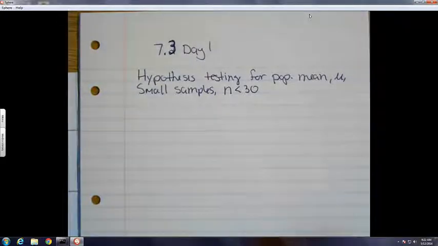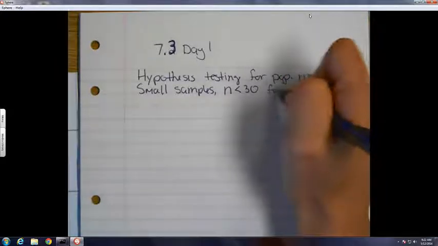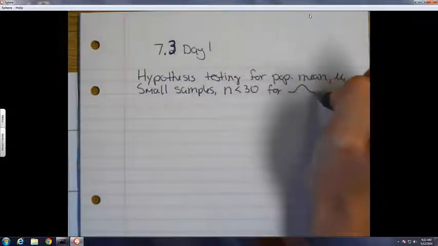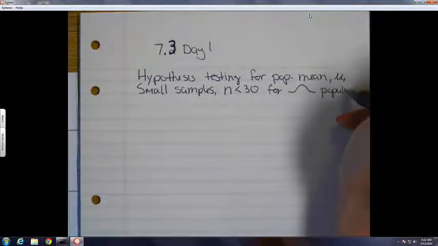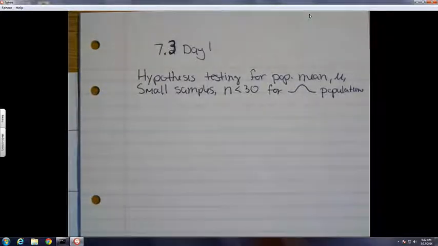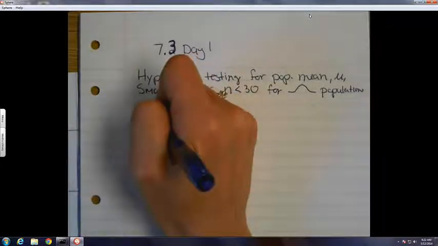We have to know that or we can't do it. When we've got this situation, we've got what's called the t-distribution instead of the standard normal distribution. So this is the t-distribution.